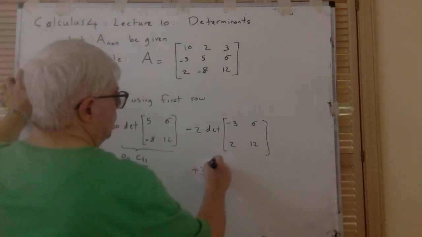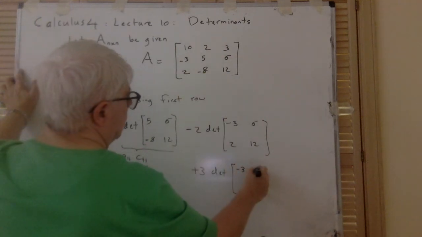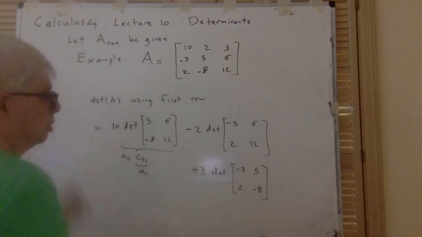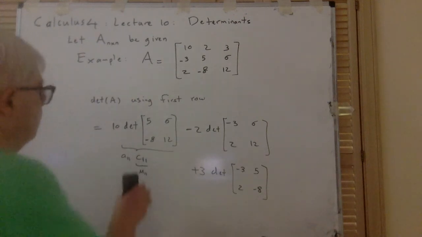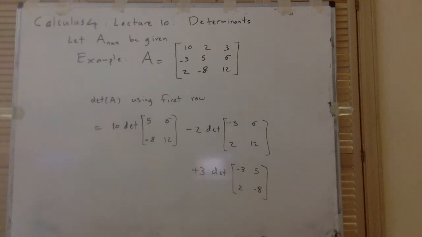So 3 times determinant of, get rid of everything except that. So that is the determinant of this matrix.